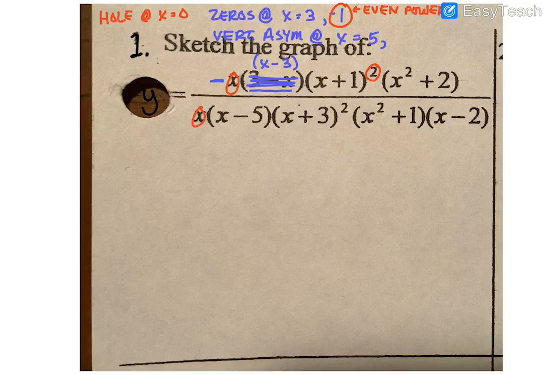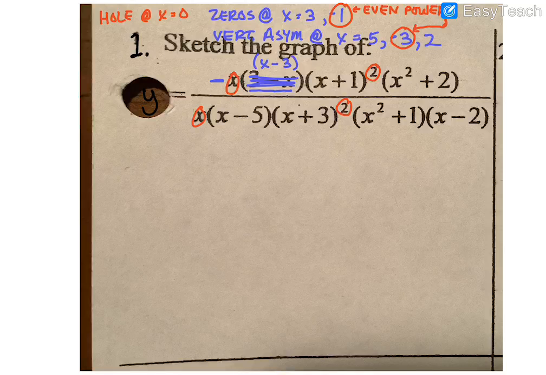Set x plus 3 equal to 0, and we have x equal negative 3. X squared plus 1 can't equal 0, it would be square root of a negative again. And we have x minus 2, which would result in x equals 2. Again, I want to point out that one of these had an even power, x plus 3 to the second. Because that negative 3 had an even power for a vertical asymptote, remember that means there'll be no sign change.